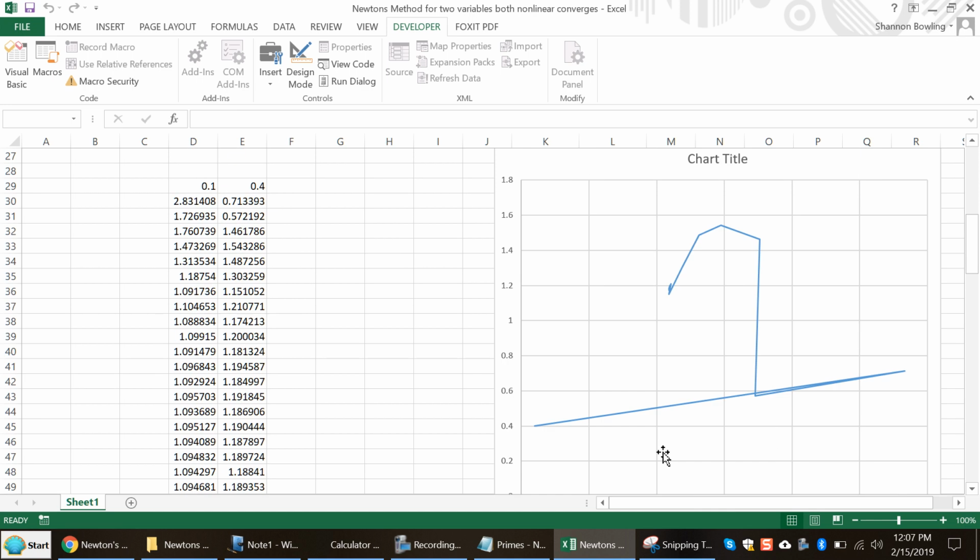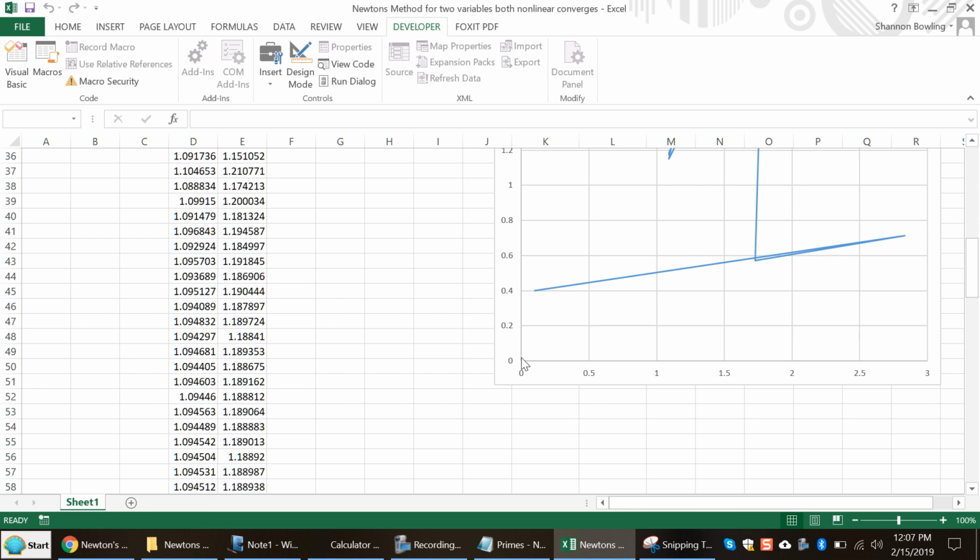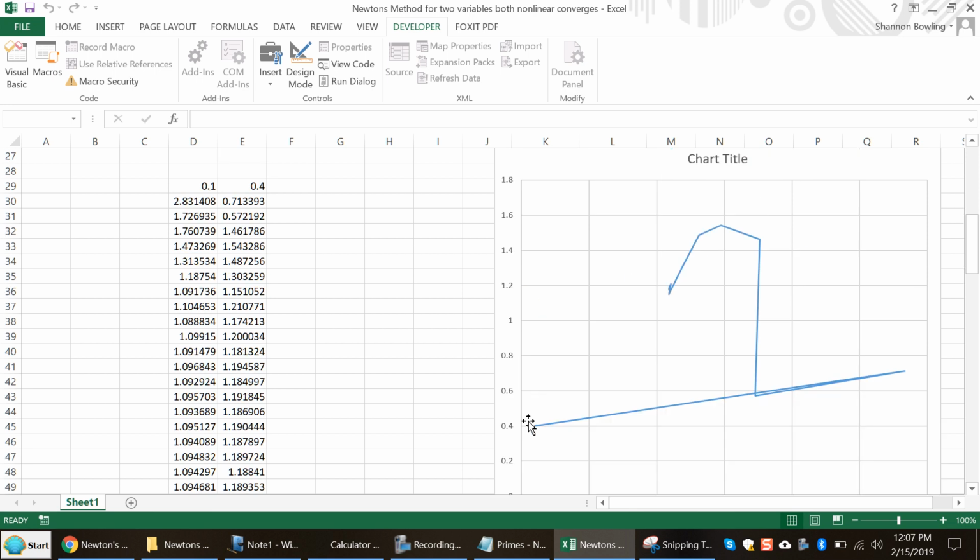Now this is what the convergence actually looks like. My first guess was 0.1, 0.4. It shot over here to 2.83, 0.7, shot back to 1.72, 0.5, shot up now to 1.46, and then it comes over.